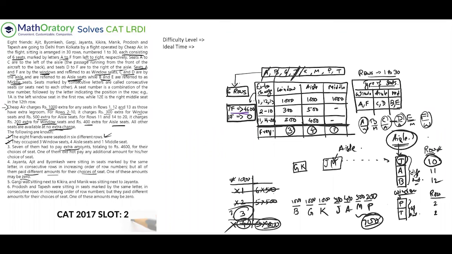But during the paper, slot two was my slot in CAT 2017, I did not touch this set. I did analyze it till a certain point. I don't remember explicitly, but I did reach till this point.